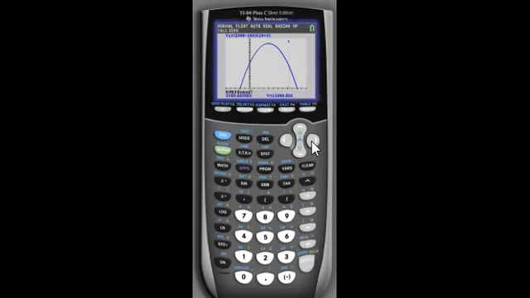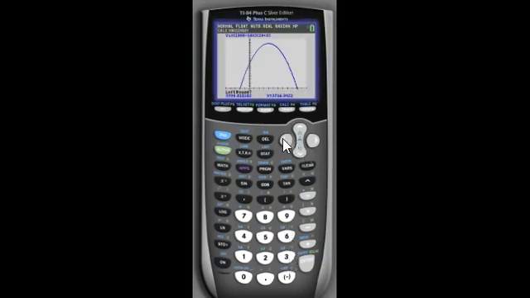And then I need the little cursor that I just moved to be to the right of it. So I hit enter, and then I hit enter again, and it tells me that my other zero is at (100, 0).